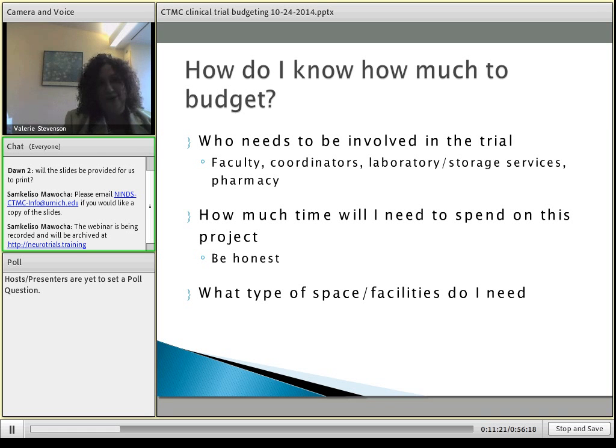Another thing that I think many times people underestimate is the amount of time that they're really going to need to spend on their project. And I added here "to be honest" because when we're excited about our ideas, we think, well, we'll put extra time into it.